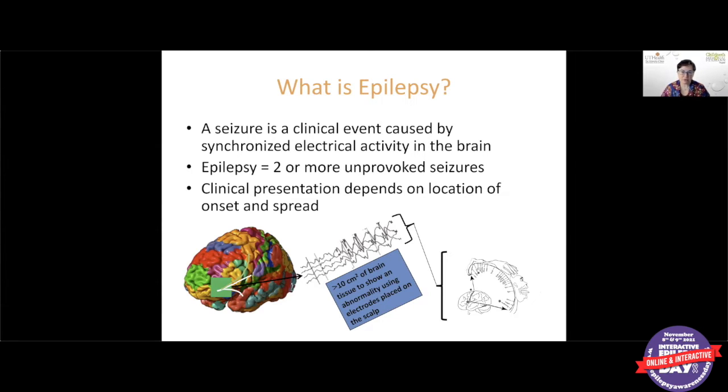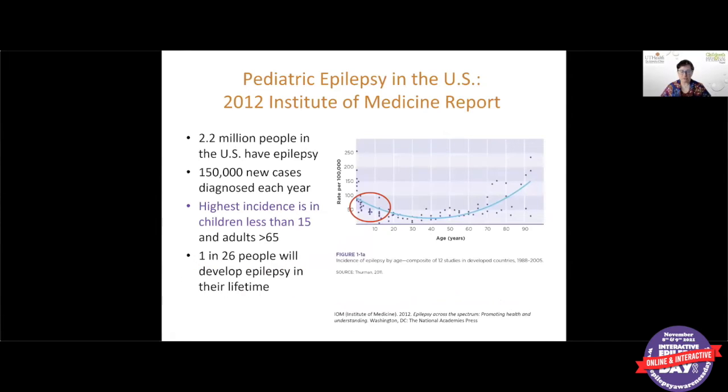So there's a part of the brain that controls movement of the opposite side of the body, and different areas in that region are going to be in charge of moving the face versus the hand versus the leg and so forth. So depending on where the seizure is starting in the brain, you may have different clinical features that you see in terms of the behavior of the person having the seizure. We also call that semiology, which is a description of the way the seizure looks when the person is having the seizure.